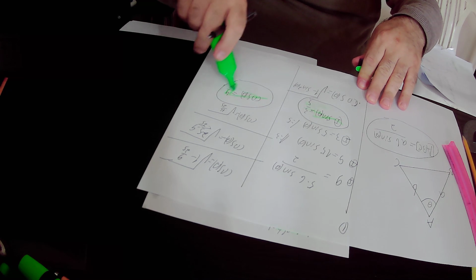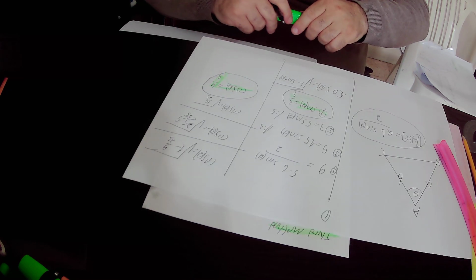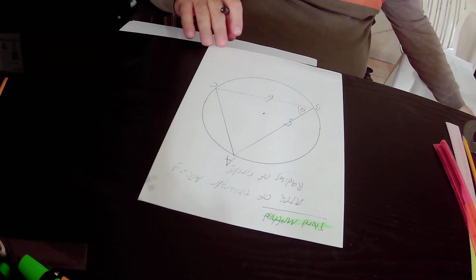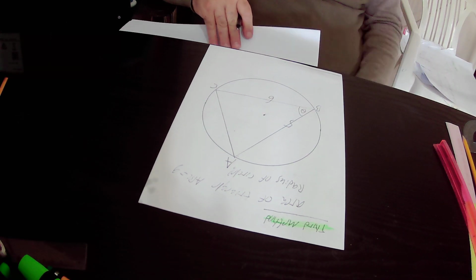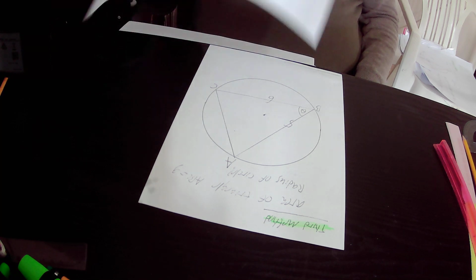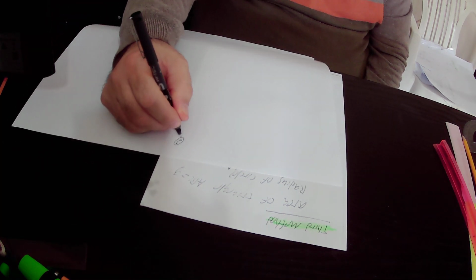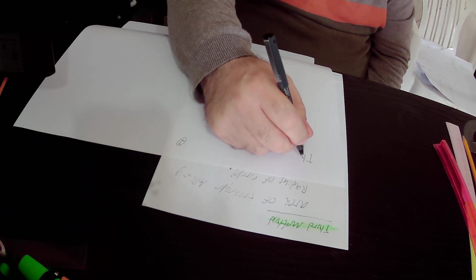In the next step, we will implement the law of cosines in our triangle ABC. So I will remind you quickly what the law of cosines is. The law of cosines is true in any triangle.